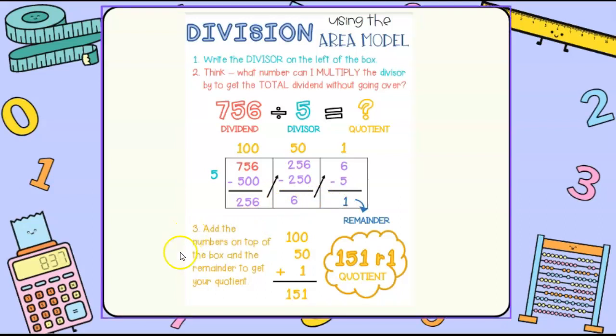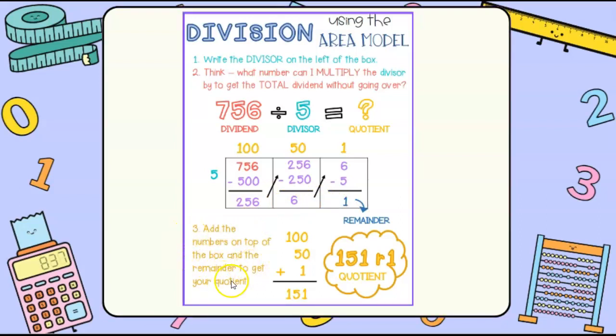Step 3 is to add the numbers on the top of the box with the remainder to get our quotient. So I know I multiplied 5 times 100, I multiplied 5 times 50, and I multiplied 5 times 1. So I'm going to add that 100 to that 50 to that 1, and I end up with 151.